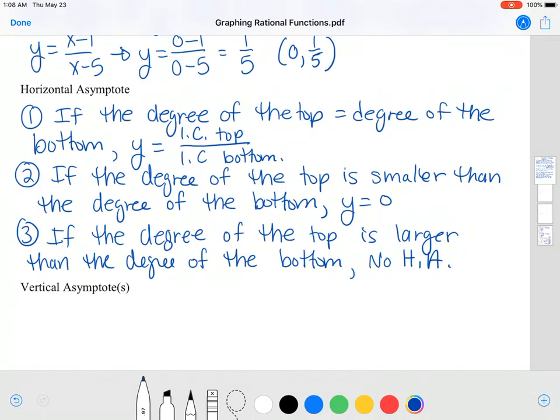And in fact, if the degree of the top is only 1 bigger than the bottom, so for example, if the degree of the top is 4 and the bottom is 3, there's something called a slant asymptote instead of a horizontal asymptote, but we're not going to really get into that in this class.